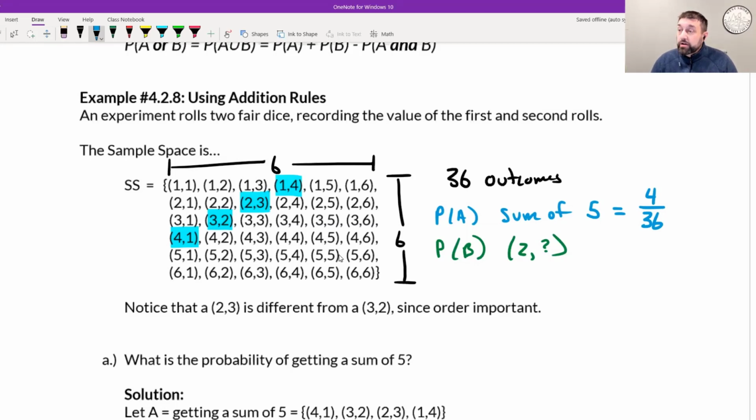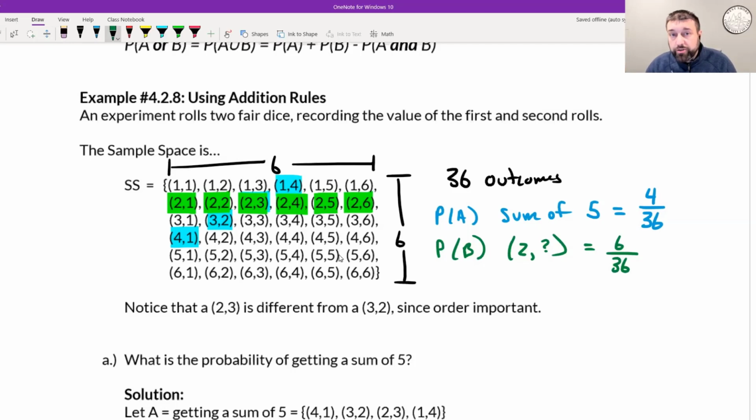Now let's do the second part. What is the probability that they start with a 2? Here's a 2, here's a 2, here's a 2, here's a 2, here's a 2, here's a 2. So how many are there? 1, 2, 3, 4, 5, 6. There are 6 outcomes that satisfy this condition.